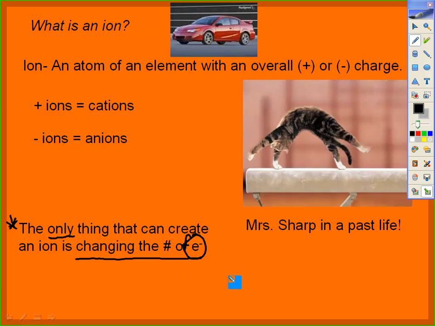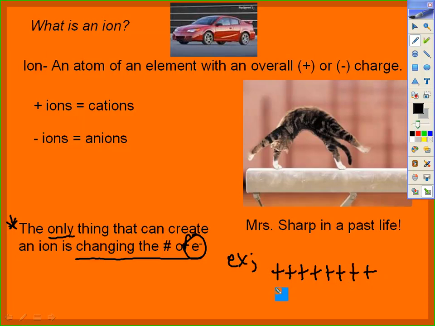And while you're writing this, I'm just going to do a quick example here for you of, let's do oxygen. Oxygen has an atomic number of 8, and we know that that means if it's an atom, it has 8 protons. And I'm going to represent those 8 protons by 8 positive charges.